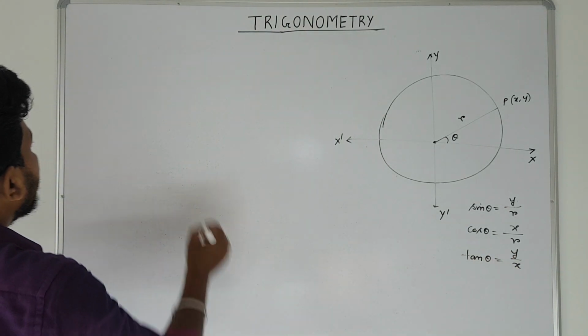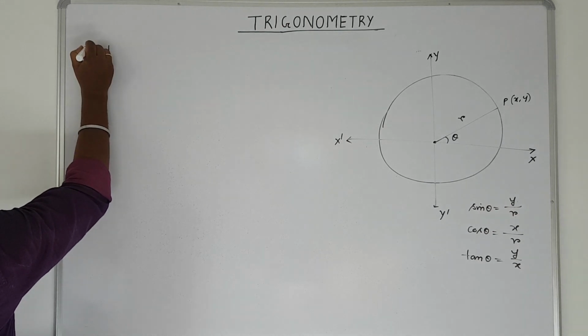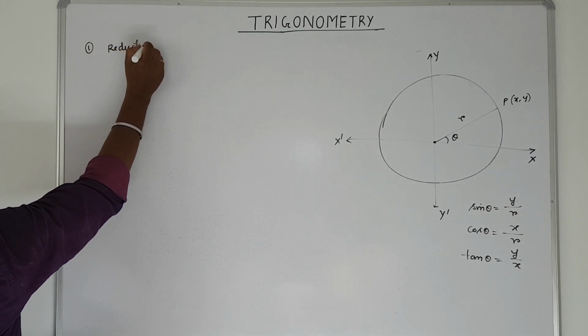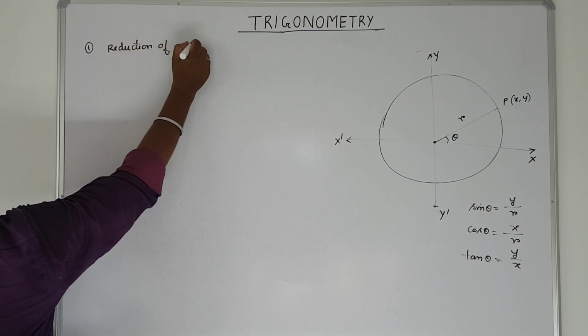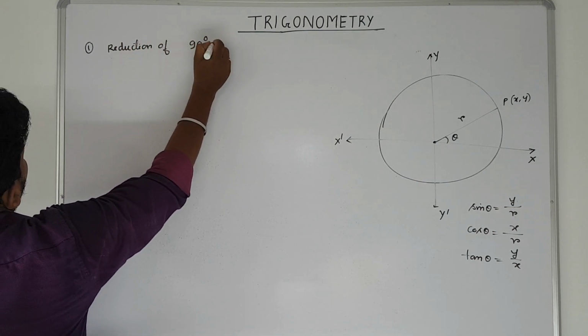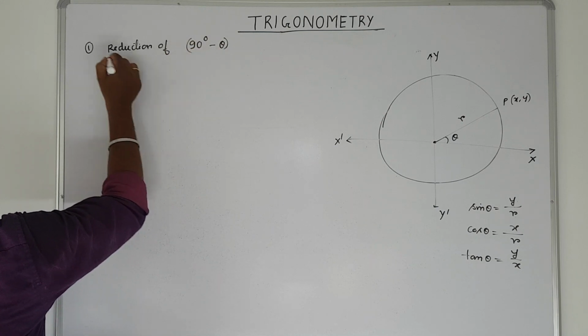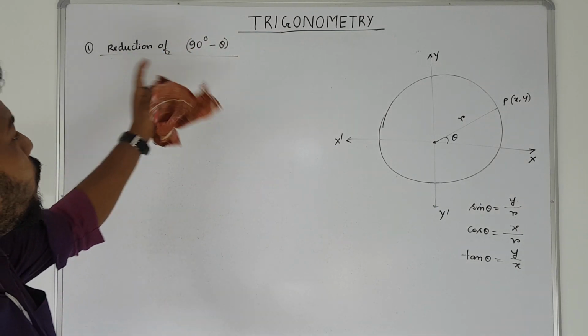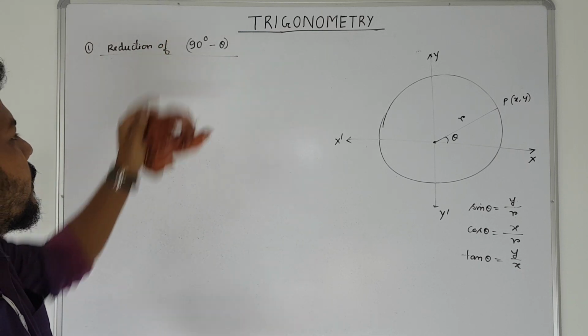Now this is called reduction number 1, reduction of 90 degree minus theta. Now how to reduce this?